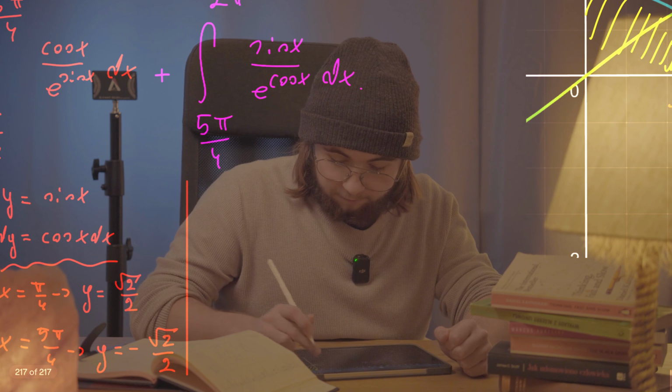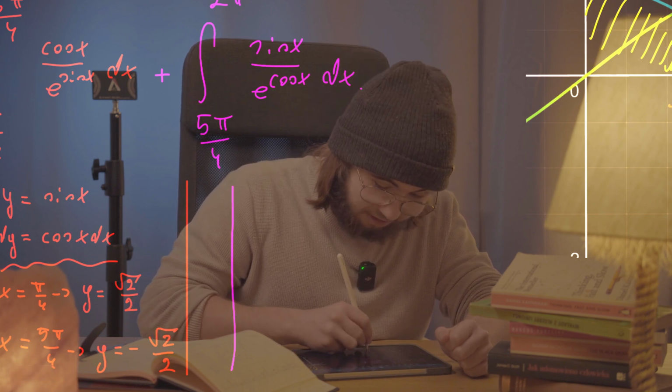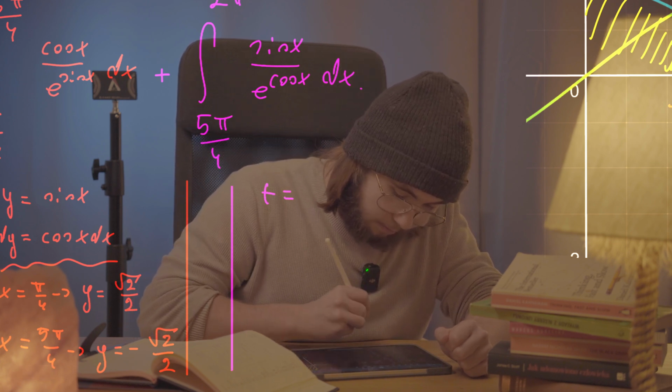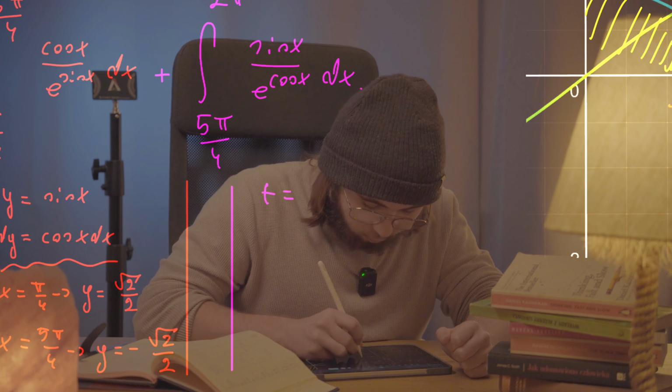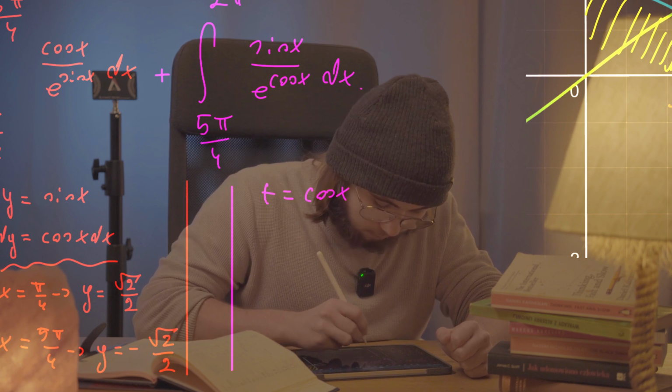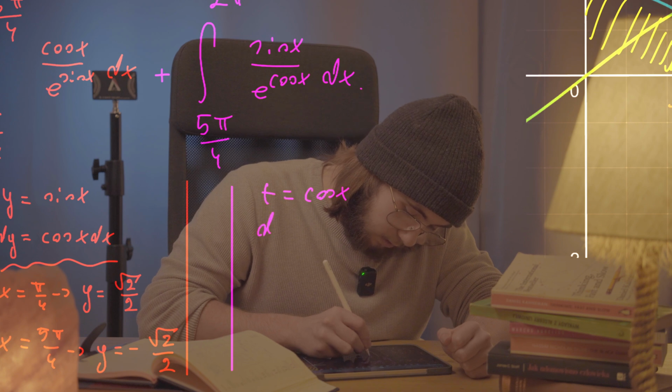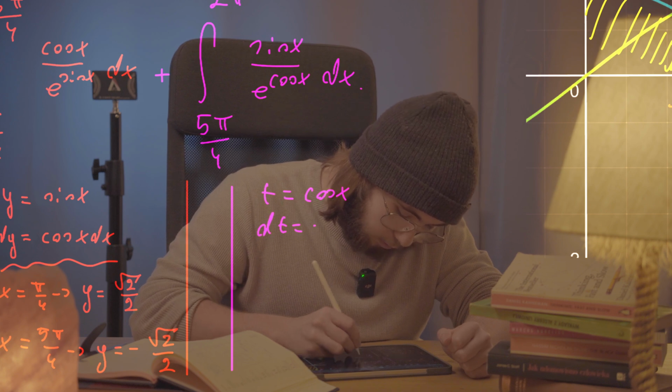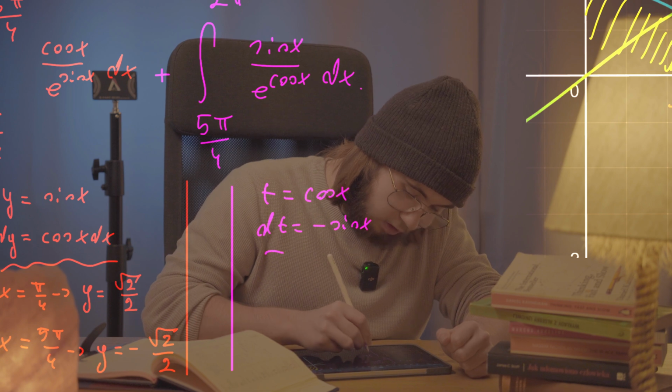And now for the third sub, let's call it a t sub. I'm going to set t equal to the cosine of x, and I'm going to get dt equal to negative sine of x as well, just as I did earlier.